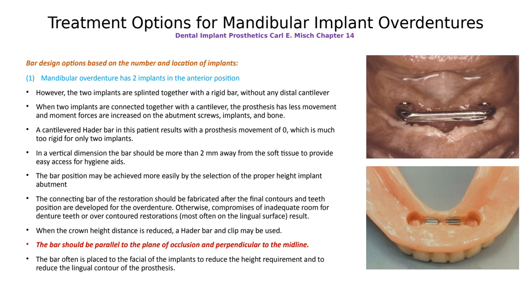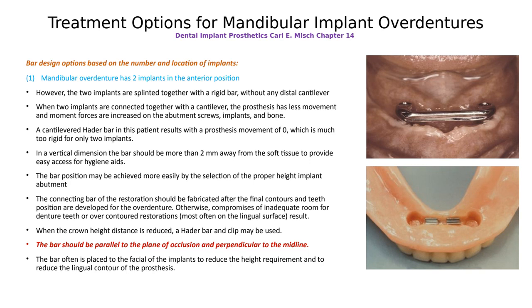The bar position might be achieved more easily by selection of the proper height implant abutment. The connecting bar of the restoration should be fabricated after the final contours and teeth positions are developed for the overdenture. Otherwise, it compromises, with inadequate room for denture teeth or an over-contoured restoration, mostly on the lingual surface.